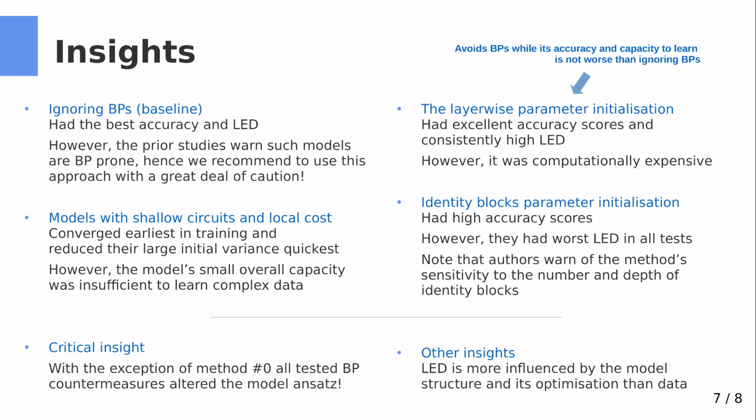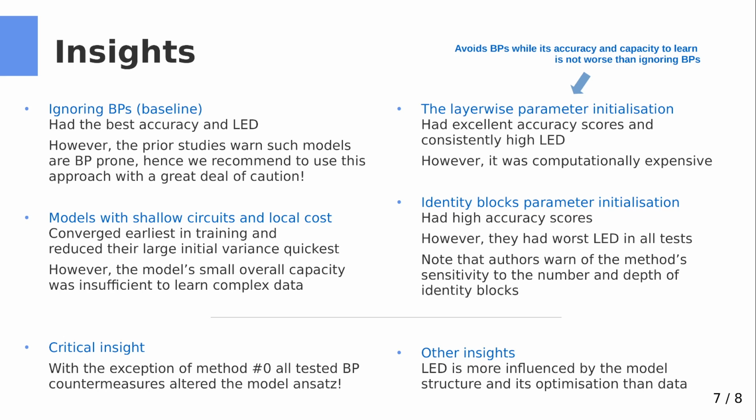That was expected. The identity blocks parameter initialization had high accuracy scores, but the worst local effective dimension. The authors of that method warned in the paper that the method is sensitive to the number and depth of identity blocks. We didn't play with those parameters in our experiments, so we found that method difficult to use to get good results.